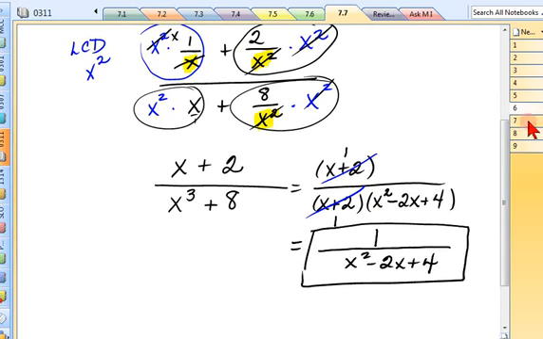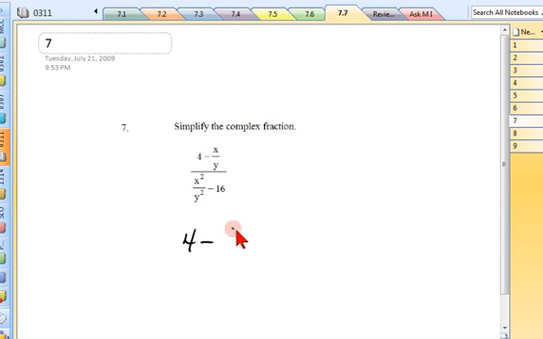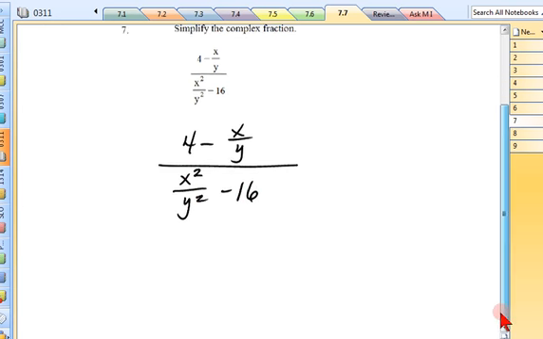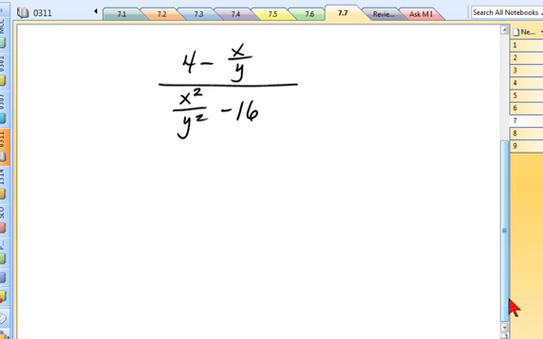Okay, let's do one more of the type 2 problems. This is number 7, and it is 4 minus x over y, over x squared over y squared minus 16. Can you see it as type 2?